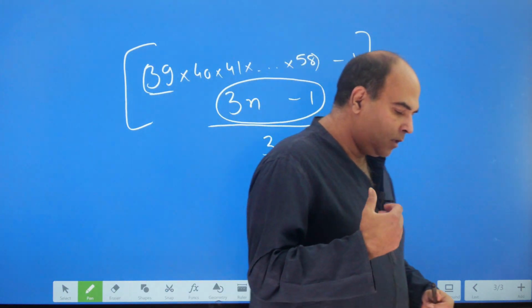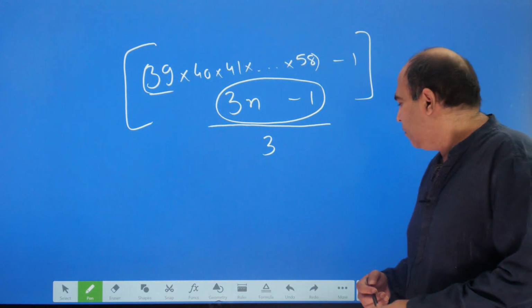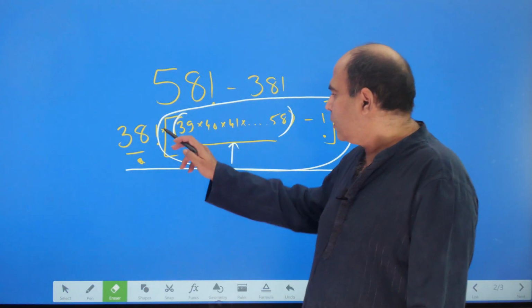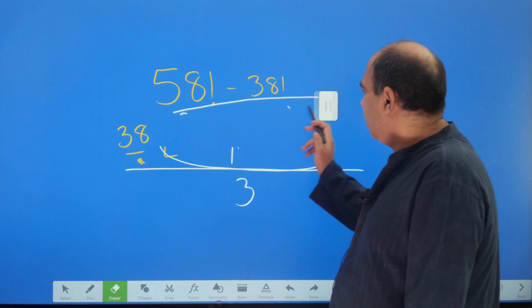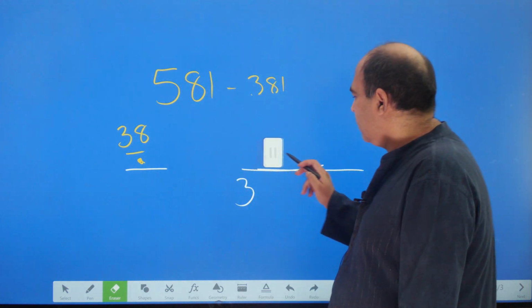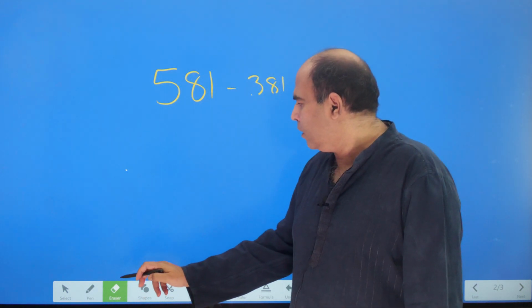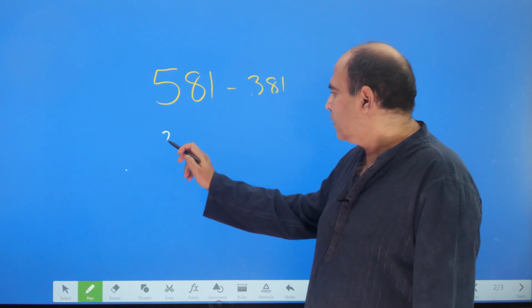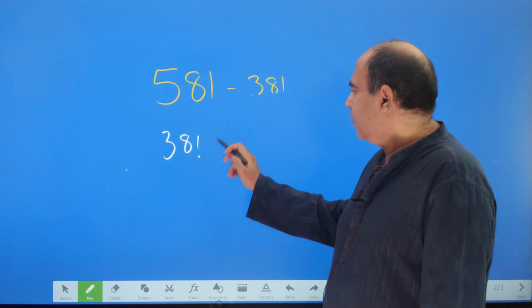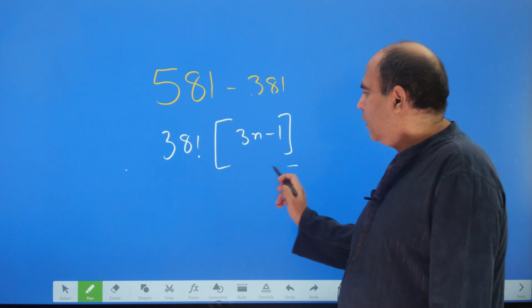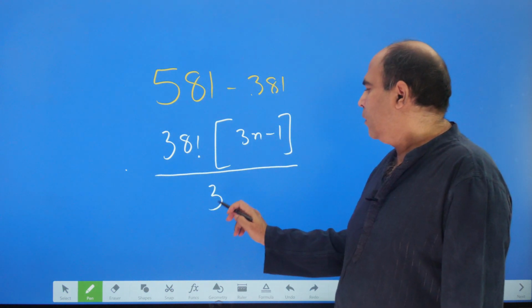So basically, the problem is actually very simple, because in this question you have to ignore this part. You have this expression which can be rewritten as 38 factorial into 3n minus 1, divided by 3 to some power.